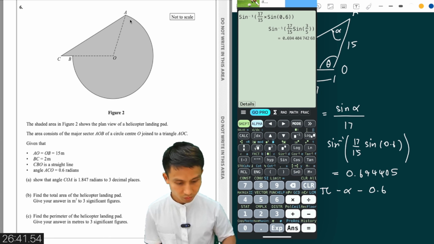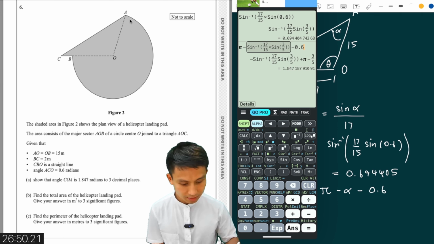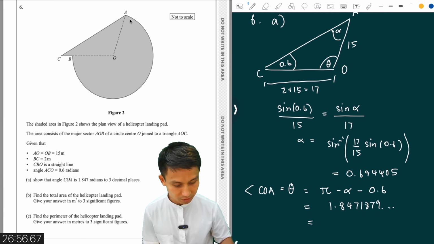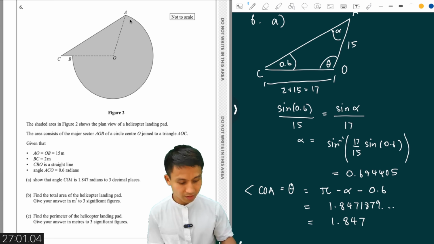That gives me 1.8471879, which is 1.847 to 3 decimal places. There you go.